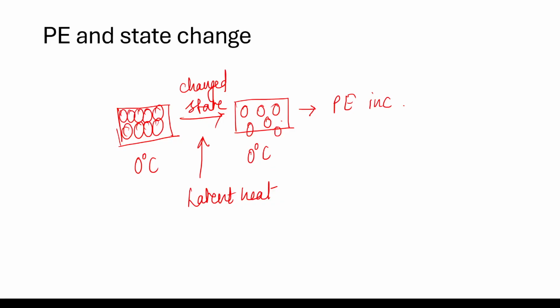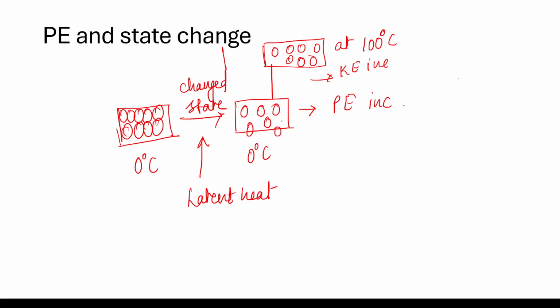If I want to boil this water, can I boil it at 0? No. I have to increase its temperature to 100. So when the temperature increases, which energy increases? KE increases.